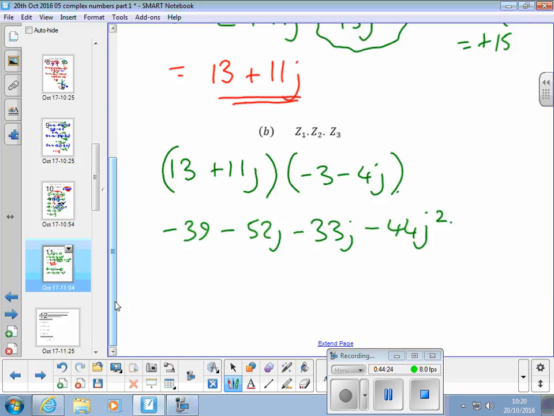So you've done it all in one go. That bit becomes a plus 44, doesn't it? So minus 39 plus 44 is 5. Okay, so it's a process to be gone through carefully, step by step. And the one thing to remember is j squared is equal to minus 1.